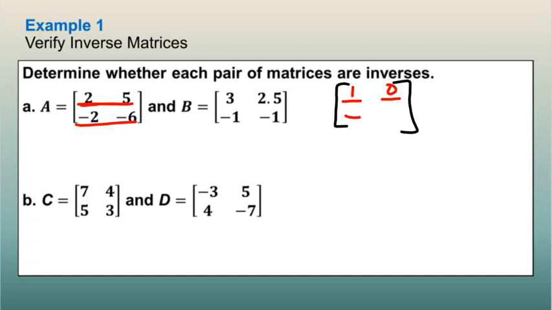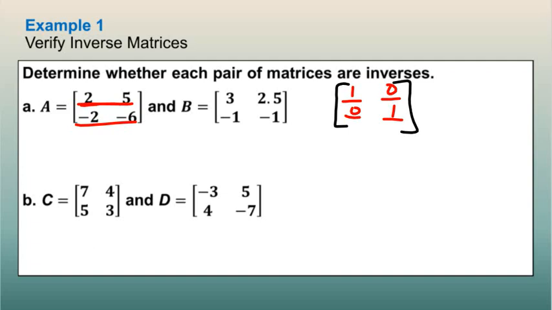Next is row 2. -2 times 3 plus -6 times -1 gives us 0. And row 2, column 2: -2 times 2.5 plus -6 times -1 gives us 1. So that matches up with the identity.